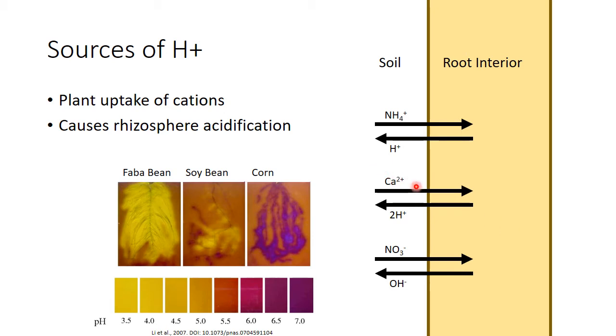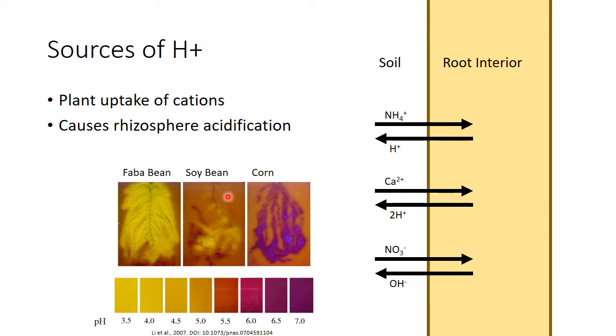As calcium is going into the root, because it has a 2+ charge, that root has to maintain a charge balance. And so it has to exude cations of some sort. And in this case, it is exuding hydrogen. And same with ammonium. As ammonium is taken up, 1 mole of ammonium goes in, 1 mole of hydrogen comes out. So in both those cases, the hydrogen that's produced inside the plant is actually released and it acidifies the rhizosphere. And you can see that in this picture on the left side.